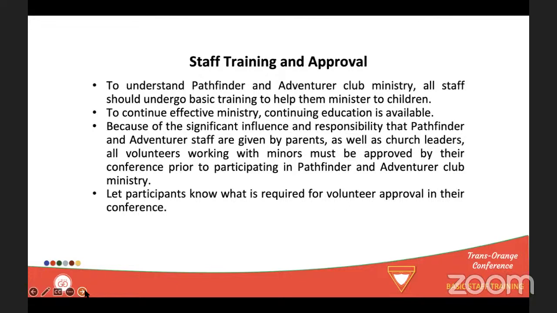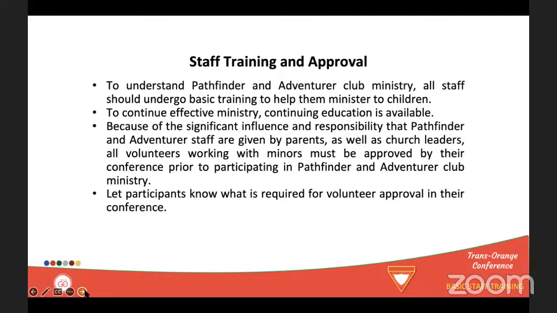Right now, there are regulations coming right from the top, from the GC, issues of police clearance, issues of us attending a child protection course. All those are trainings that make sure that when the conference has provided all these trainings to us, the child protection course, and we have done our police clearance, and you are ready to work with the children, the conference can surely endorse you, not only to work at local church level, but even to be used anywhere else because your record is clear.